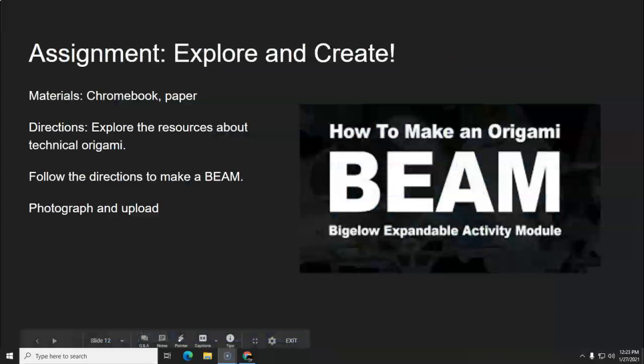So your assignment for today is to explore and create. You just need your Chromebook and some paper. I've linked several video resources about origami and space and science. Look at those.